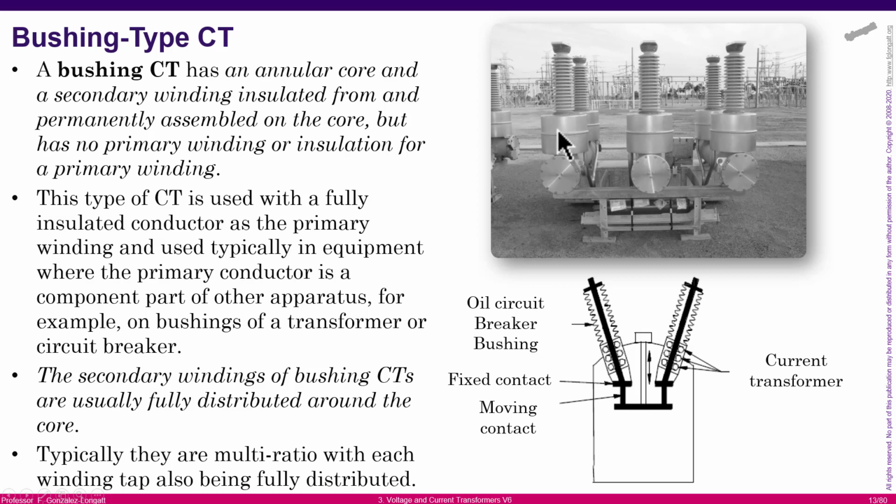But below there is something like a cylinder that is present in the figure below, and the idea is that here we have the current moving inside, moving across through the circuit breaker, and on the top we have the current transformer.